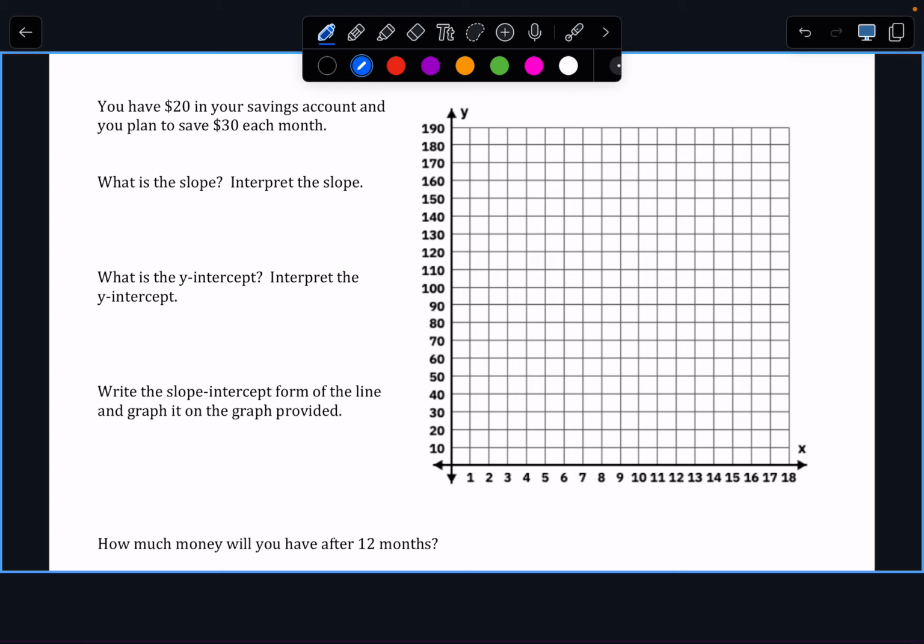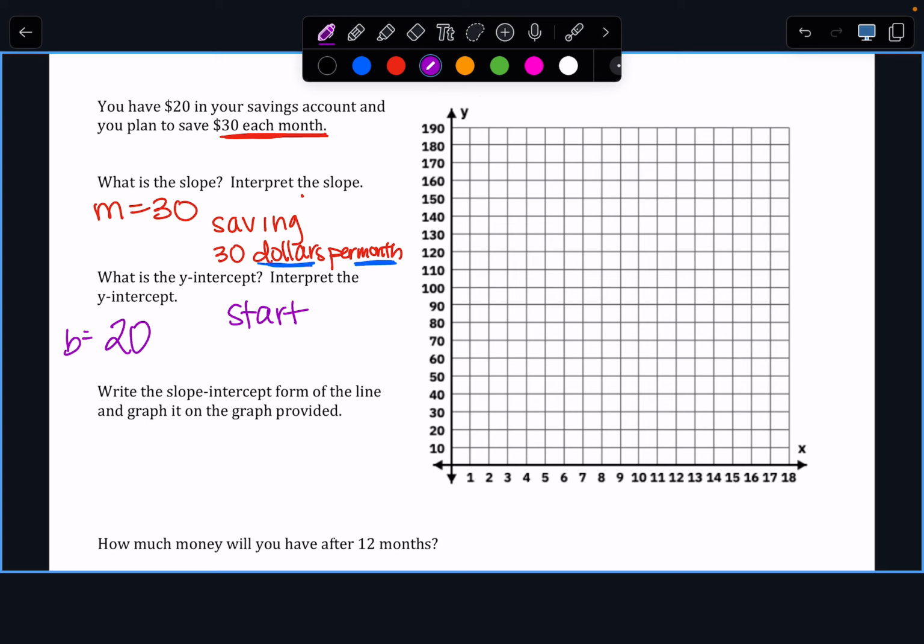Okay, when I ask you to interpret the slope, you need blank per blank. In this case, it's dollars per month. What's our y-intercept? 20. Interpret it. What does that mean? It means we start with $20.